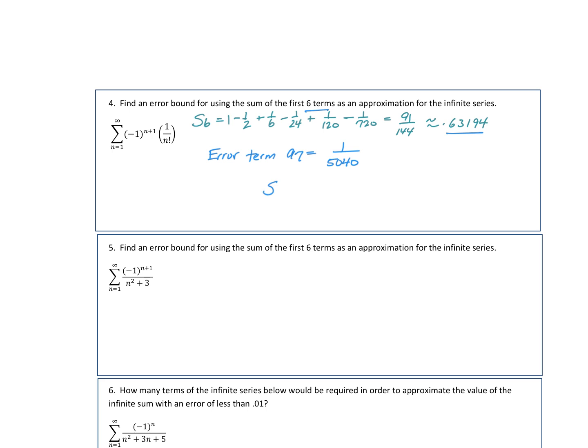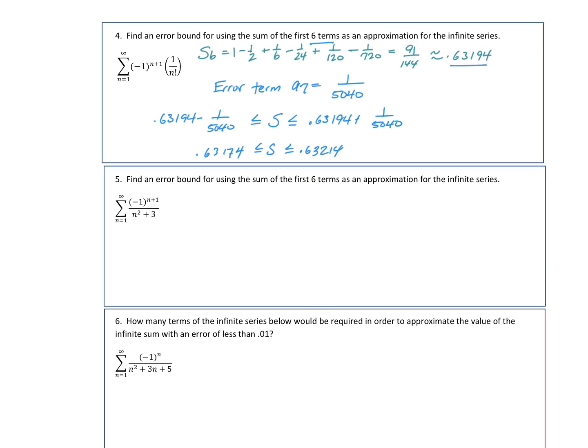So my sum is going to be between 0.63194 minus 1 over 5040 and 0.63194 plus 1 over 5040. So the sum, I got 0.63214 and then 0.63174.